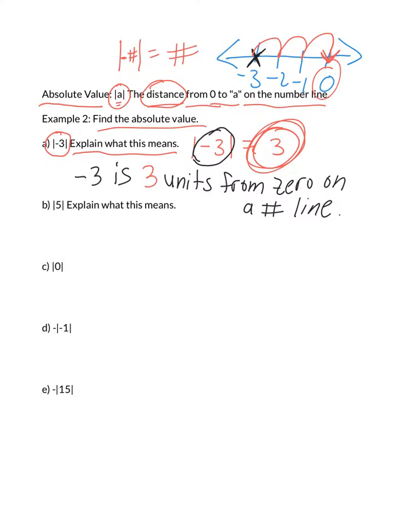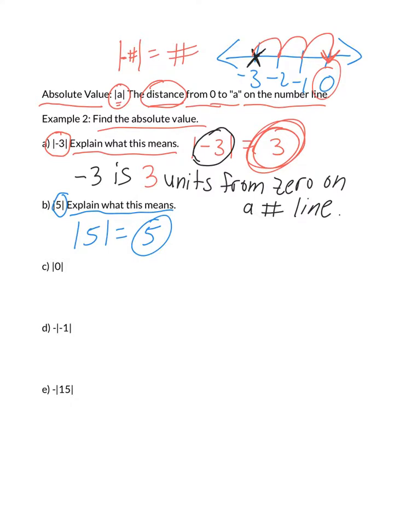Let's try another one, part B, same directions, but now it wants us to find the absolute value of +5 and explain what this means. So the absolute value of 5, well, there isn't any negative sign to worry about, so it just comes back out as 5 again.